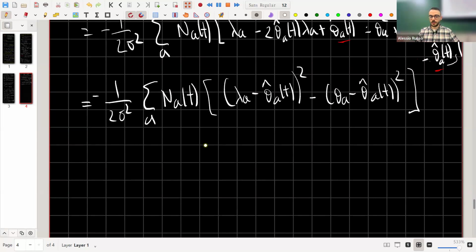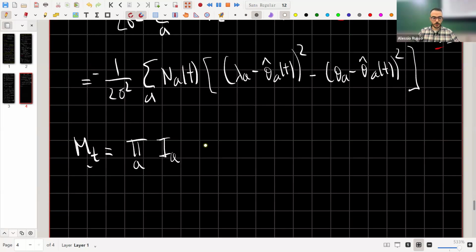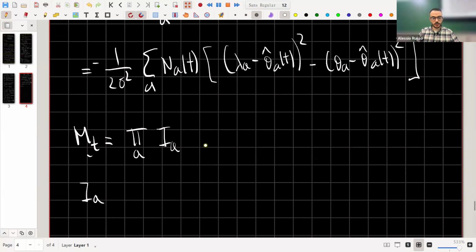Okay, this was the logarithm of the likelihood ratio. But remember that MT, the mixture martingale, is the integral of the LT, there is no logarithm. So MT is also equal to the product over actions of IA, where we define IA to be the integral for a single arm. So this sum over actions becomes a product.